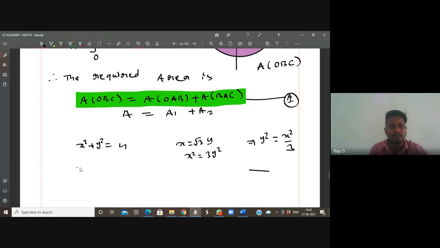Replace here: x square plus x square by 3 is equal to 4. Which implies 4x square by 3 is equal to 4, so x square is equal to 3.